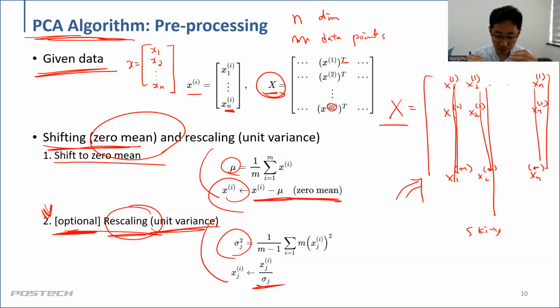As you keep collecting more data, your X matrix is going to be a skinny matrix. You have to have a clear understanding of the shape, dimensions, and structure of your vectors or matrix.